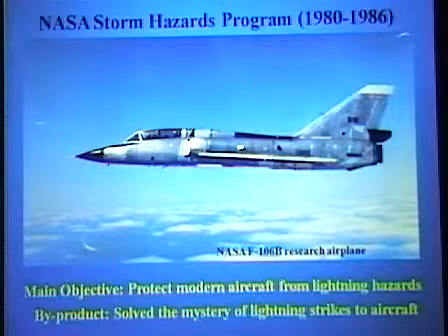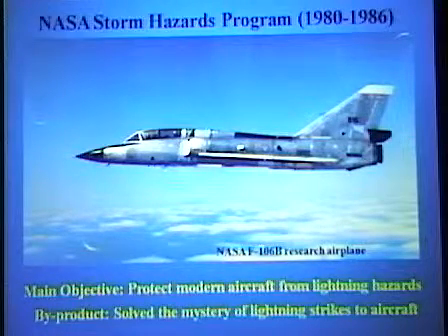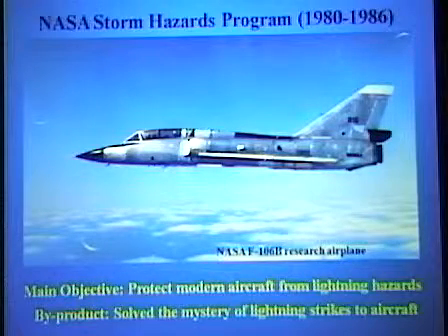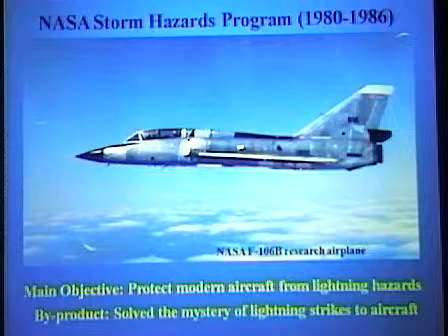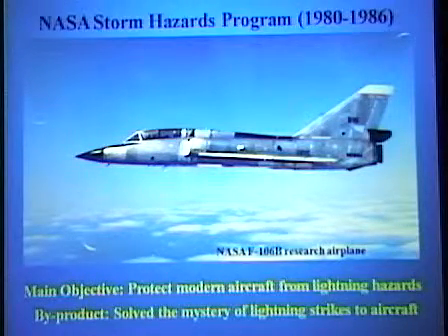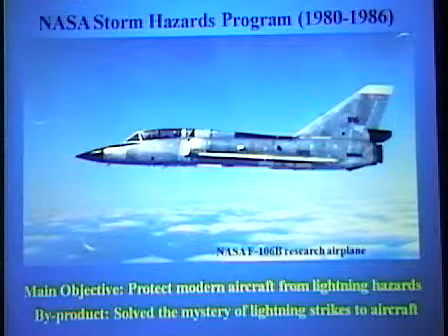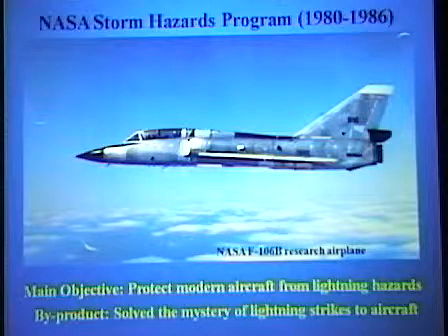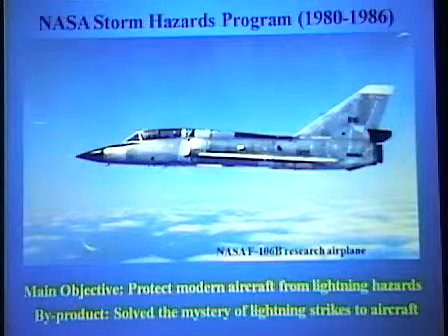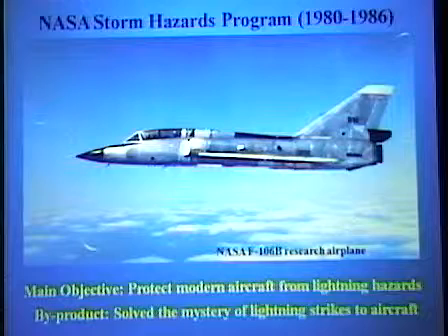A byproduct of this program was solving the mystery of lightning strikes to aircraft. Because until this time, there was a discussion about what is the nature of lightning-aircraft interaction. It was an opinion that lightning actually intercepts the aircraft, so that it occurs naturally and the aircraft hits the lightning. It was also an opinion that the aircraft may trigger lightning, but there was no conclusive evidence one way or another.